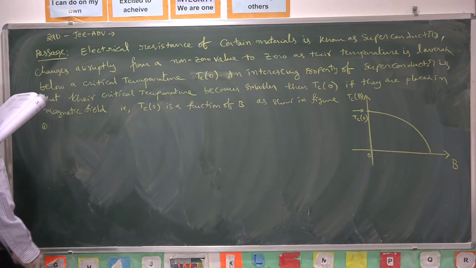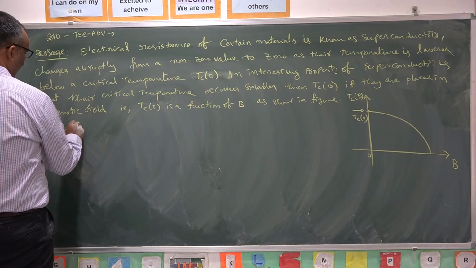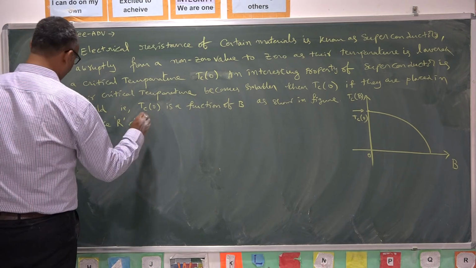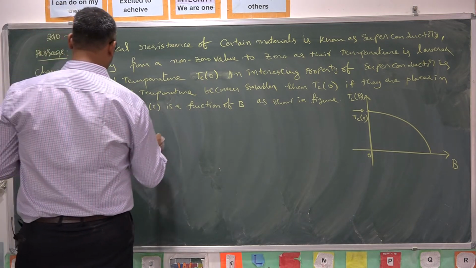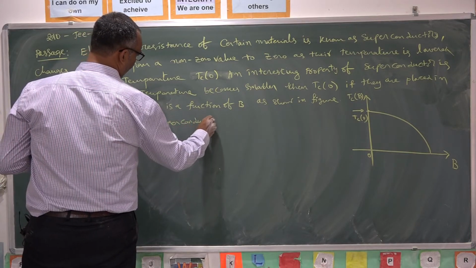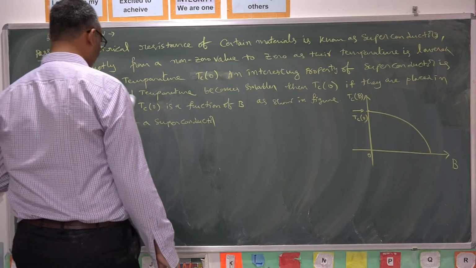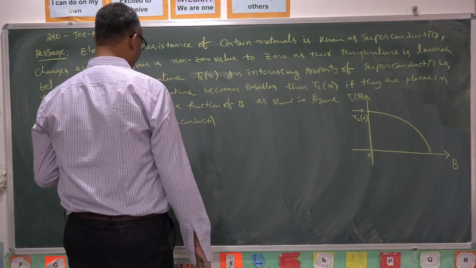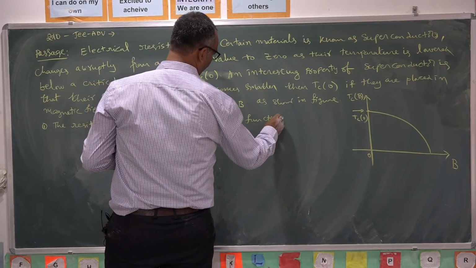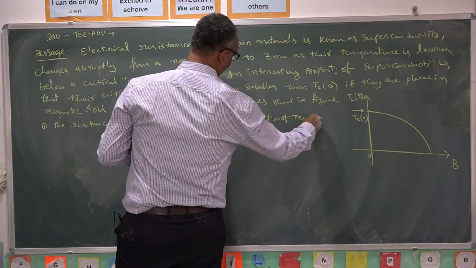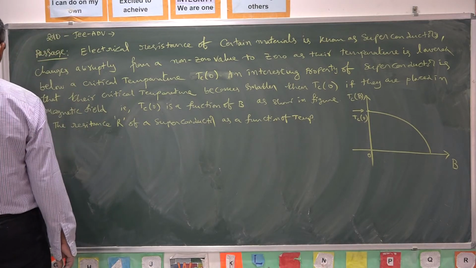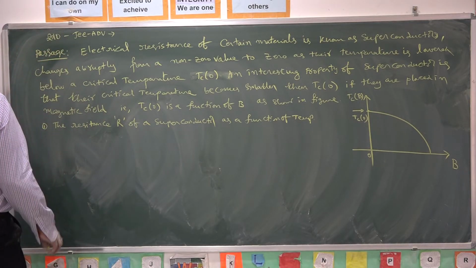The resistance R of a superconductor as a function of temperature for 2 different magnetic fields.